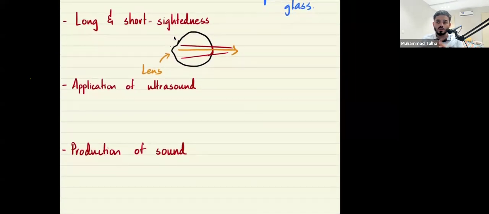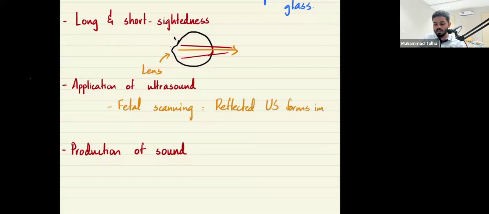Applications of ultrasound. So this is also pretty important stuff for MCQs. If it doesn't come tomorrow, then it will definitely come in MCQs. So applications of ultrasound, which is fetal scanning. For fetal scanning, do make sure that you know that the reflected ultrasound is what forms the image. Similarly, the idea of sonar methods, how you estimate depths and whatnot.